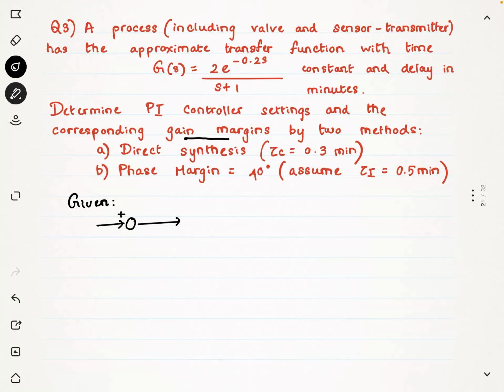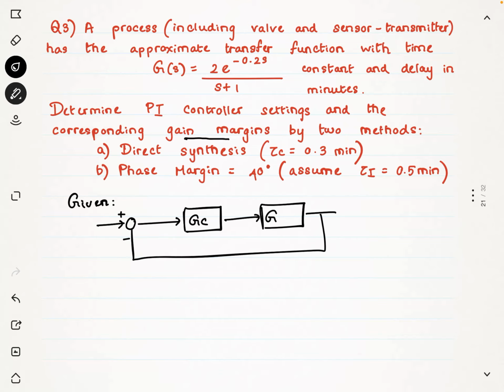if we draw, so we are having a controller. Then we are having the process transfer function. We have to construct the PI transfer function using two approaches, the first is using direct synthesis and the second is using the information given below, the phase margin information.